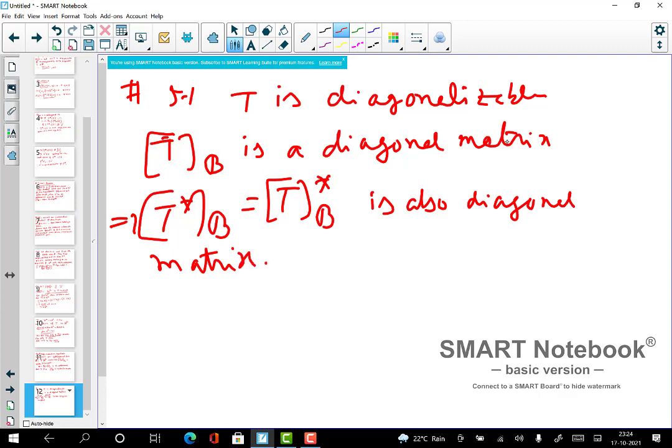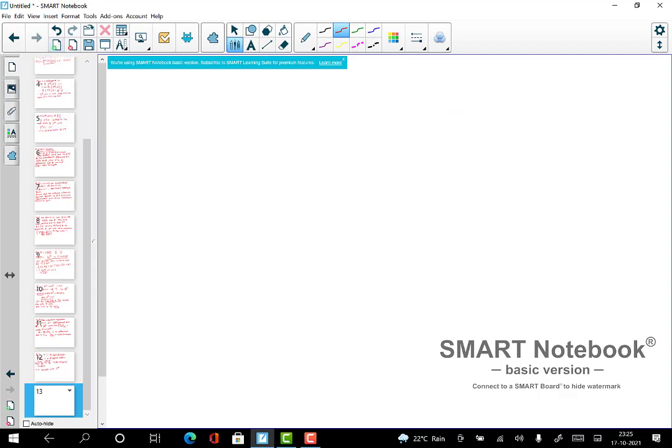So for a diagonal matrix the adjoint is also diagonal, and two diagonal matrices commute, so both T and T star commute. This implies T commutes with T star, and this observation inspires us to define a new kind of operator, called normal operators. So let us define it.